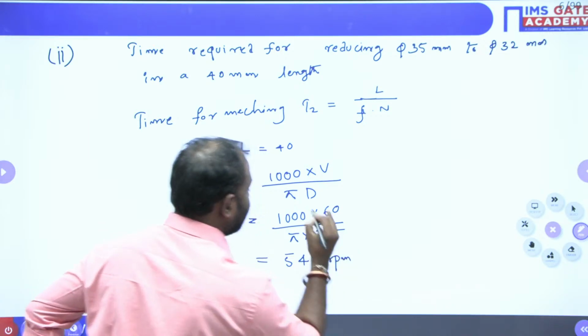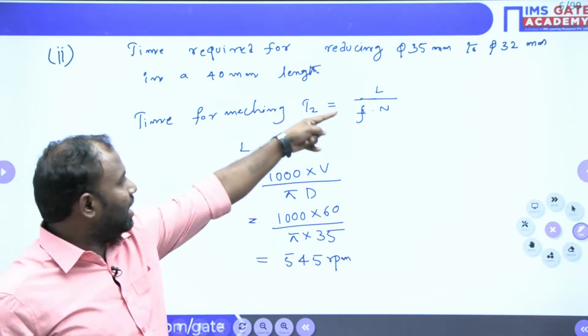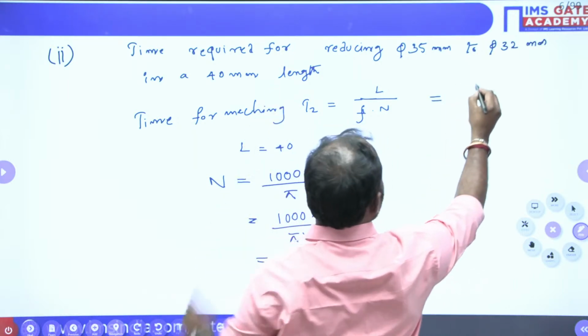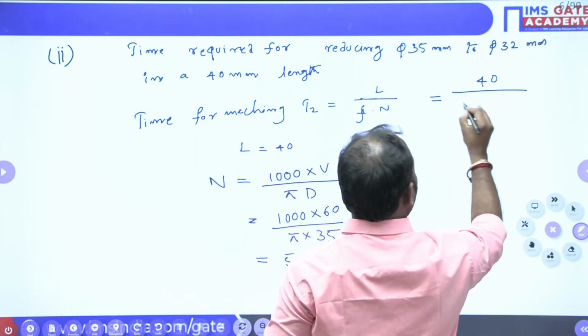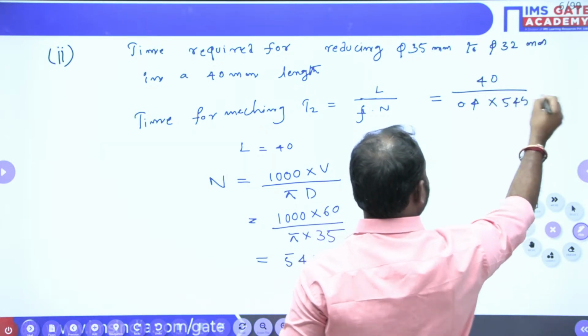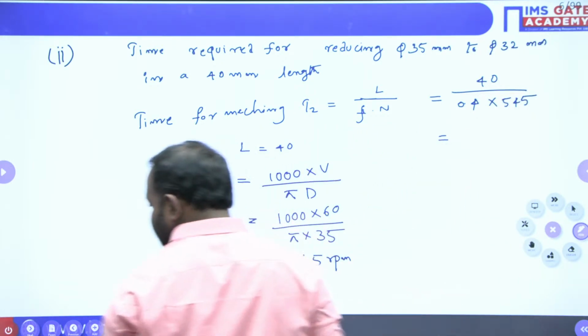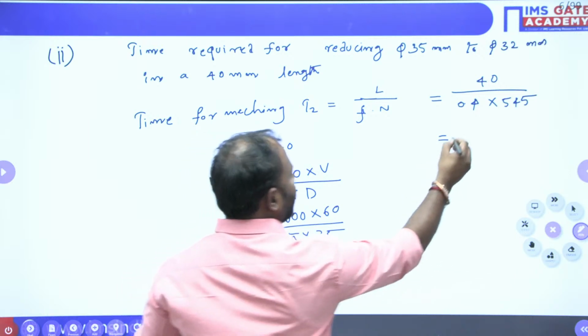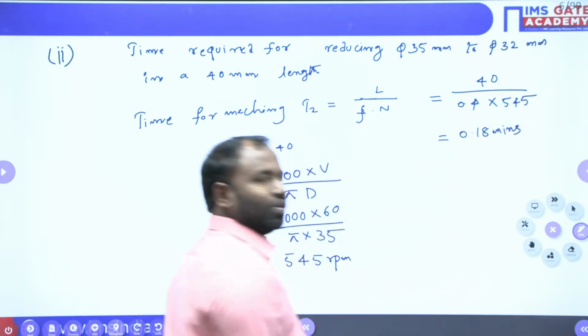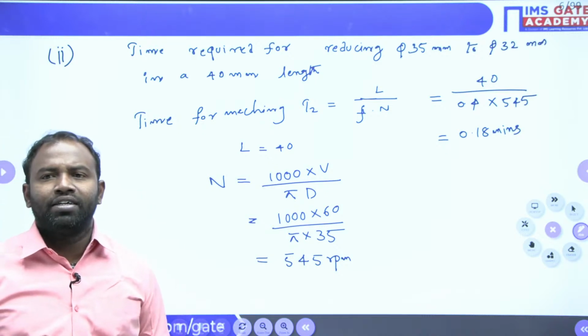Now I know L, I know F, I know N. Now let us substitute all these values. L equal to 40, F equal to 0.4 and N equal to 545, such that you are going to get 0.18 minutes as T2. Now we have calculated.